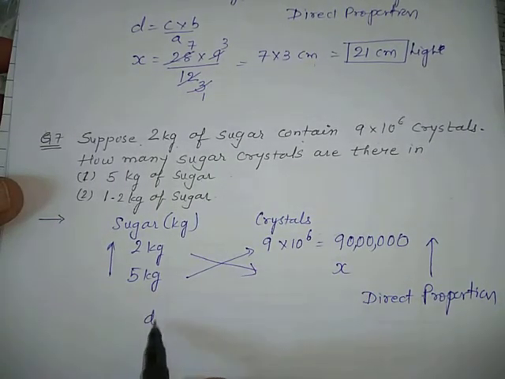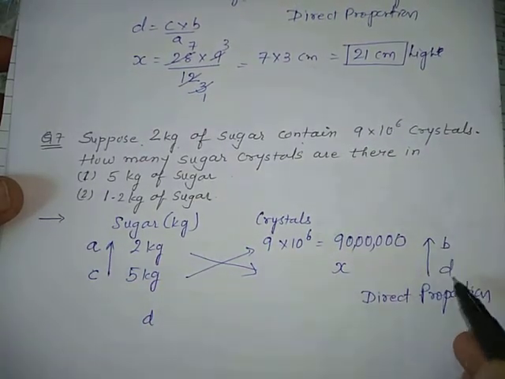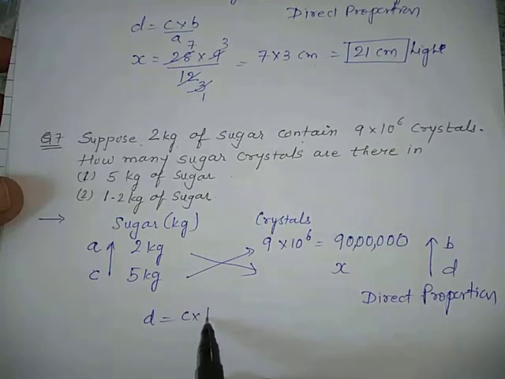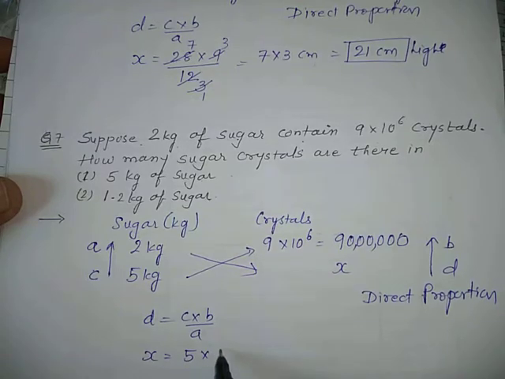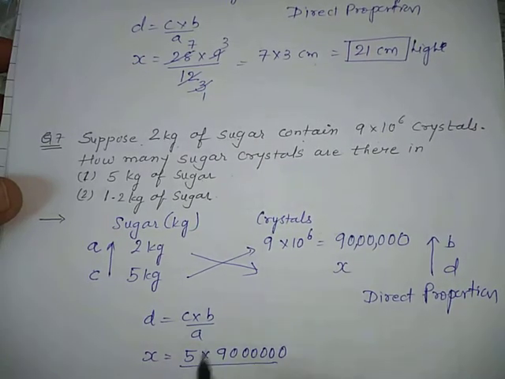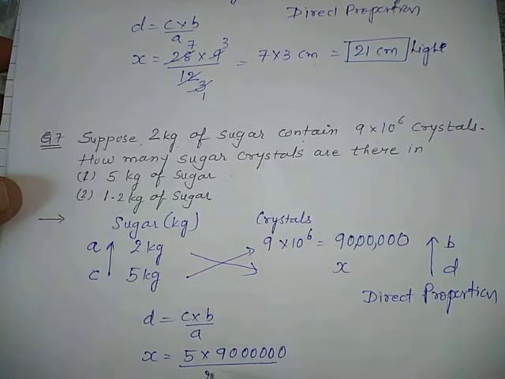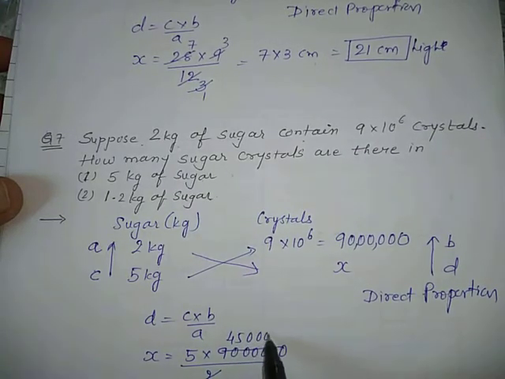So A, B, C and D. So C into B upon A. So X is equal to 5 into 90 lakh, 6 zeros, divided by 2. So 2 ones are 2, 45 and 5 zeros are there.